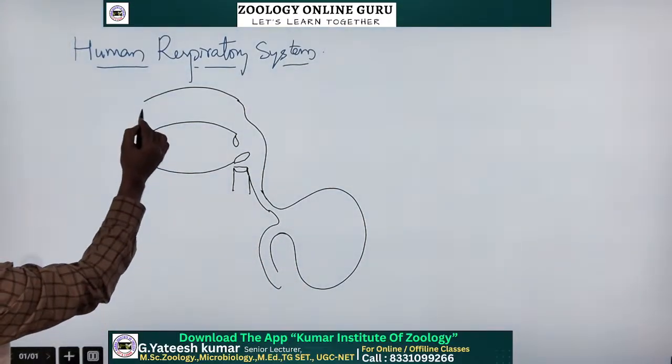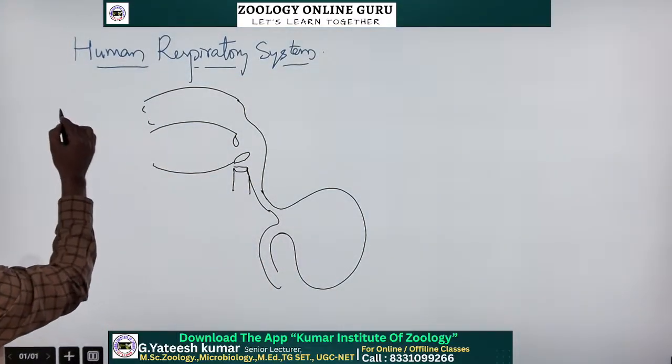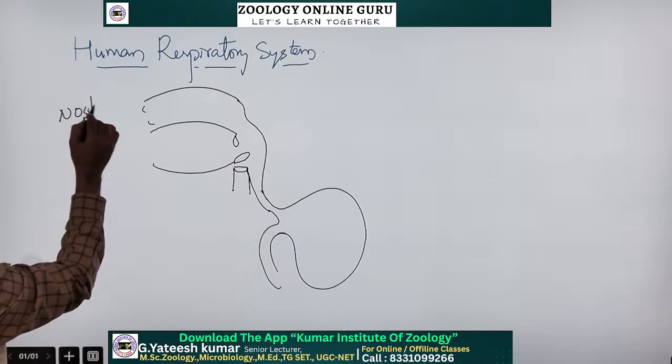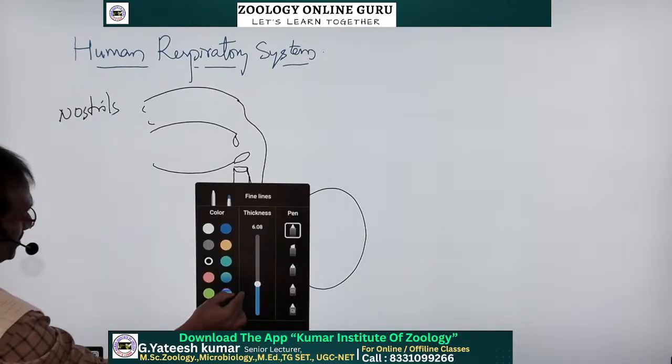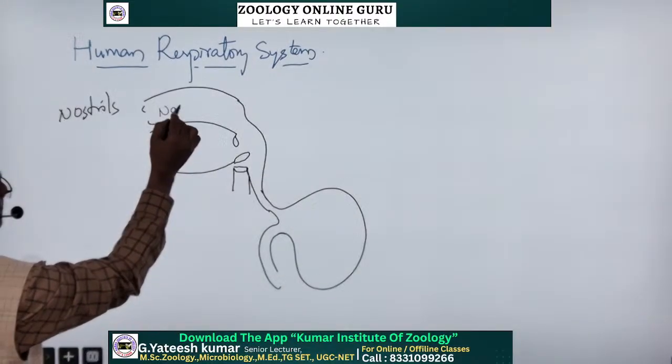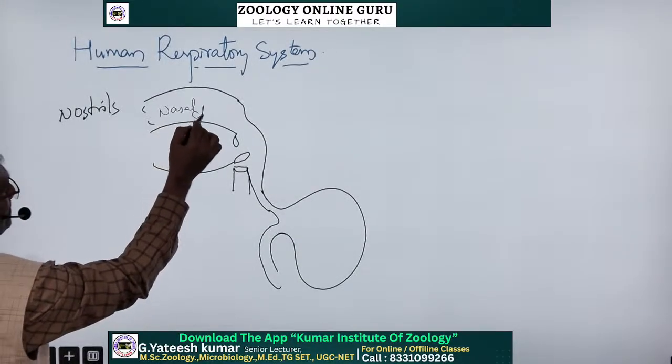These are the nostrils. The first part is the nostrils, and after the nostrils we have the nasal cavity, the nasal chambers.